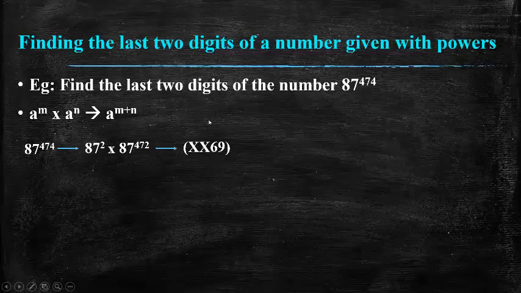So always focus on the last two digits. You can simplify 87 into 87 and just identify the last two digits; you need not solve the entire 87 square.